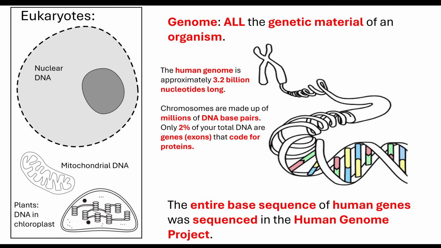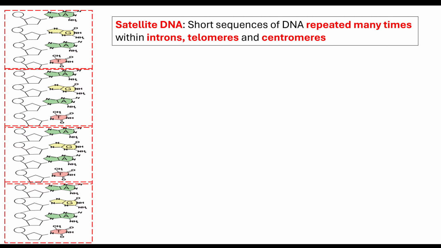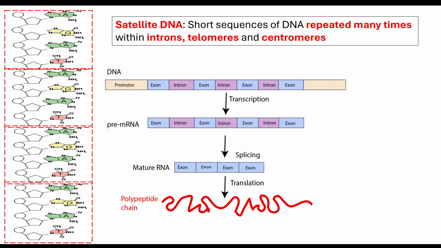But what I want to focus on in today's lesson is about PCR and DNA profiling. And for that, we need to understand about satellite DNA. So satellite DNA are short sequences of DNA which are repeated many times. Now, they are found within your introns. So remember, your DNA, you have your coding region, which is transcribed into pre-mRNA.